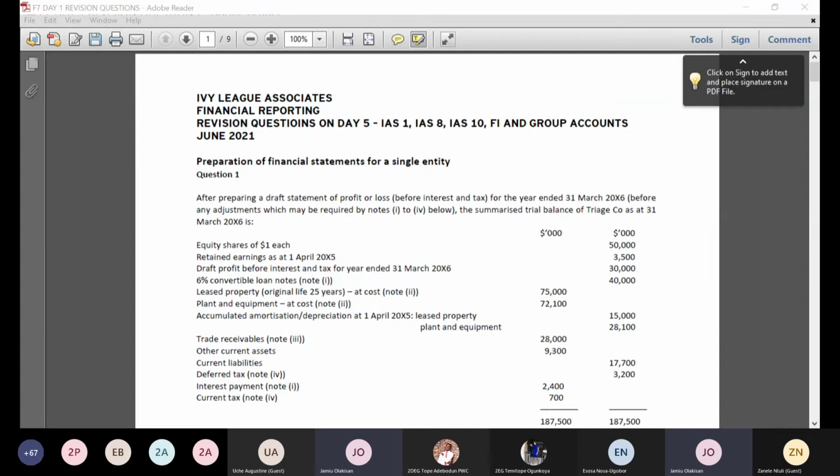That is number 2. What if there is no standard that deals with similar items? What do you turn to? What I'm telling you now is the hierarchy of selecting accounting policy according to IAS 8. Management should use their judgment to select an appropriate accounting policy by considering the following in the order listed. Number 1, you turn to the conceptual framework.